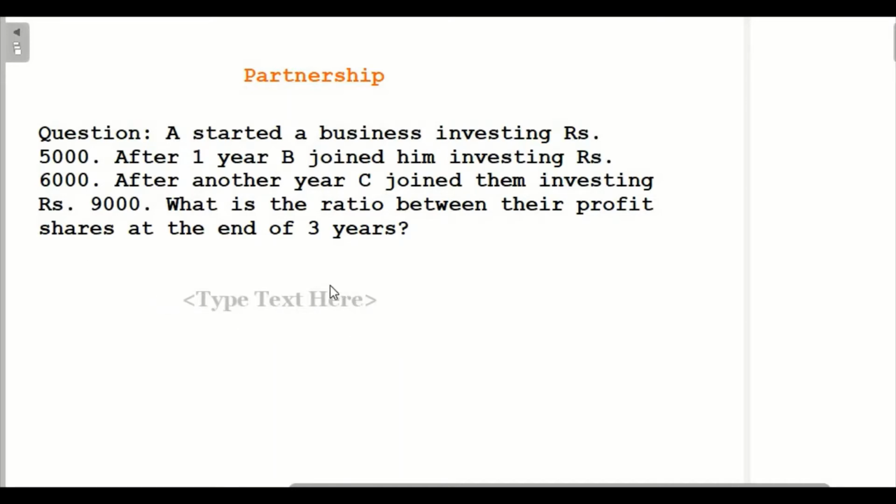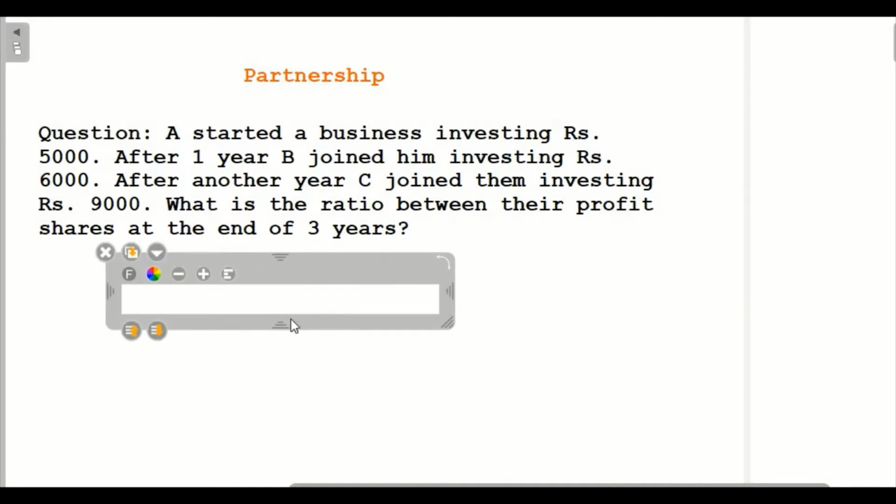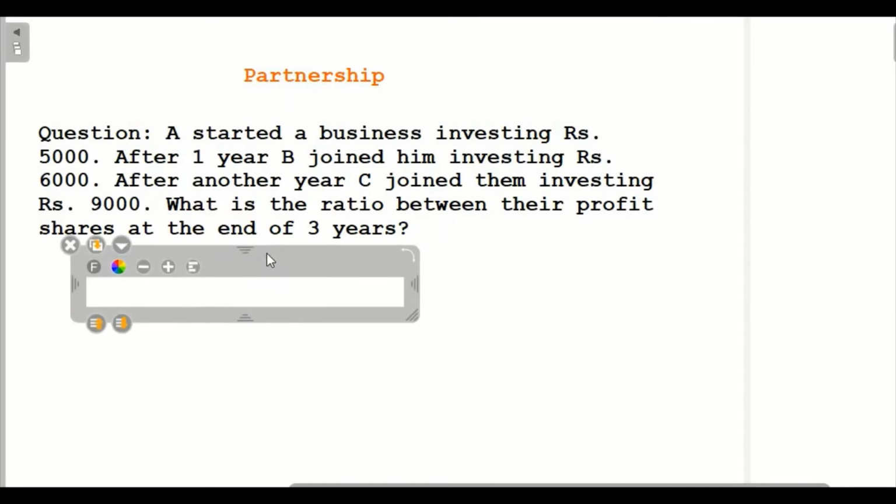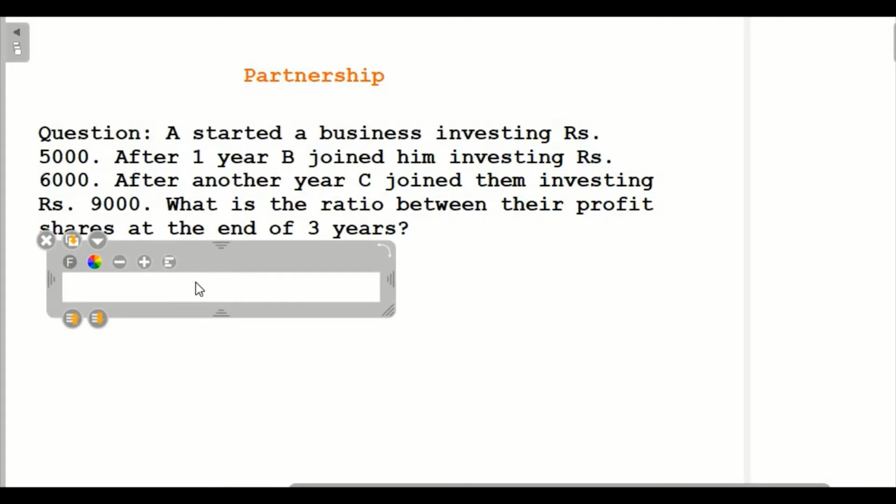So what is the ratio between their profits? We have to calculate the ratio of the share of profit for the three of them. So P1 is to P2 is to P3 is equal to 5,000 into 3, so for 3 years we have to calculate the profit.